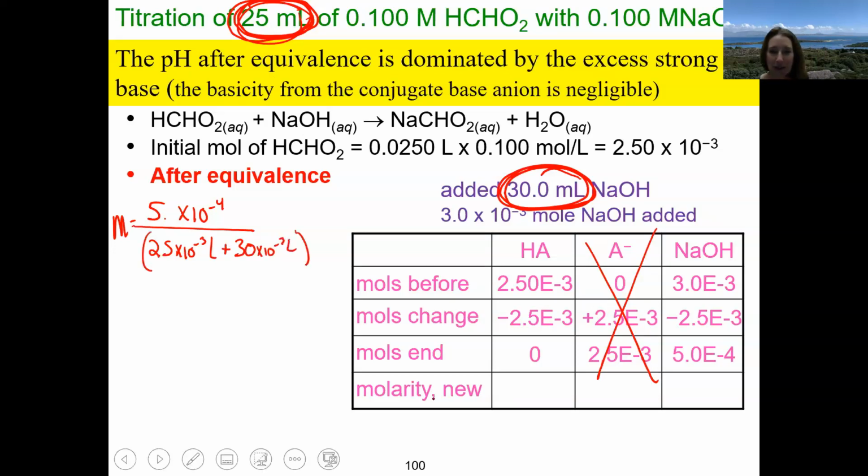That's just the way I turn my stuff into liters, I multiply by 10 to the negative 3. Just the way my brain works. So this is going to be the molarity of our base, and the molarity of our base equals 0.09.